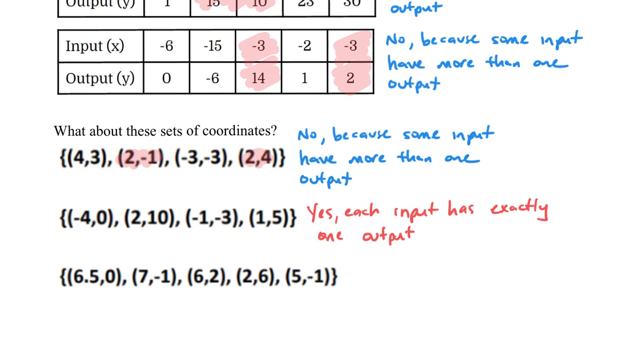And then let's look at this last one. Inputs are 6.5, 7, 6, 2, and 5. Again, no repeated inputs means each input has exactly one output, so this would be a yes. Each input has exactly one output. Okay, moving on.